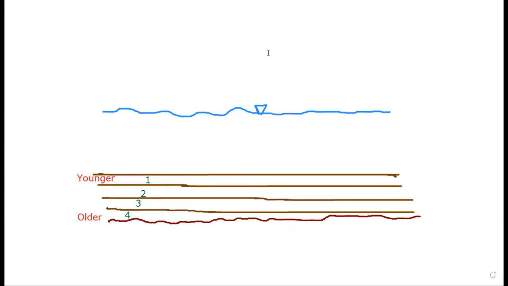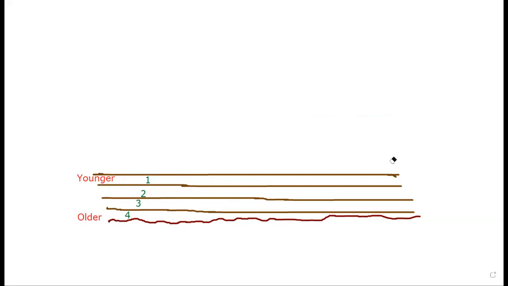Now after some years, due to atmospheric conditions or other factors, this area gets exposed to the atmosphere. Now how can it get exposed? Because of evaporation.